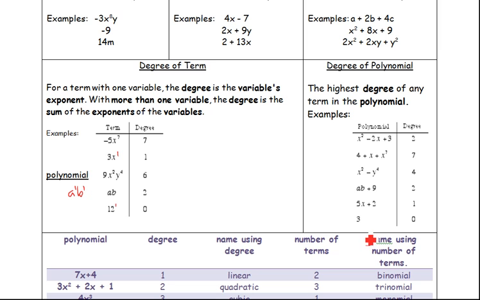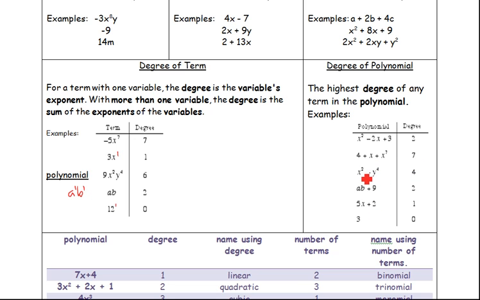Now, the degree of a polynomial is the highest degree of whatever term is there. So here you see we have a term with a second degree. This is a term to the first degree. This has no variable, so the second degree wins. Here we have a 0 degree, a 1 degree, and a 7 degree. The 7 degree wins.